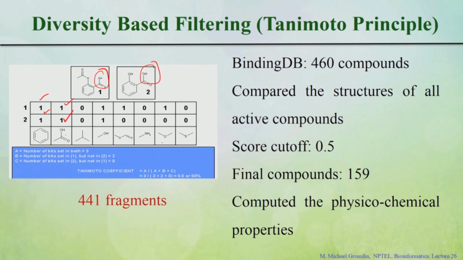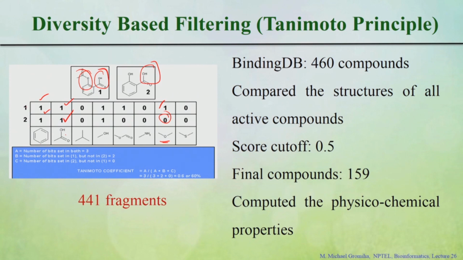Then take this type of group, this O is here, right, here is here, yes, but here no, so put 0, right. So, you put 1 for any group if it is present, and 0 if it is not present, right, for 1 and 2.